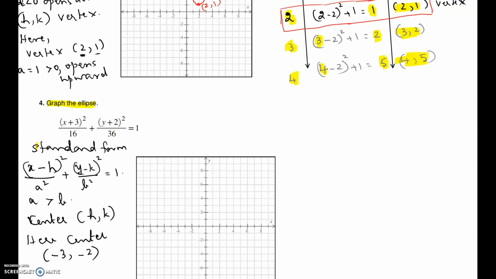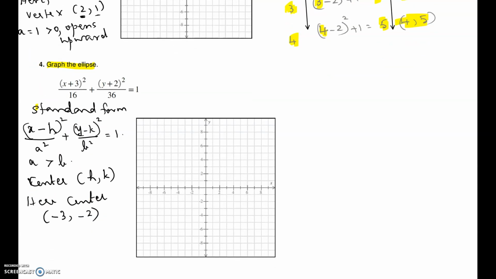This is obtained by setting x plus 3 equal to 0. The parenthesis involving x, if you set that to 0, you get x equal to -3. If you set the parenthesis involving y to 0, you get y equal to -2. So these two values determine the x coordinate and the y coordinate of the center.